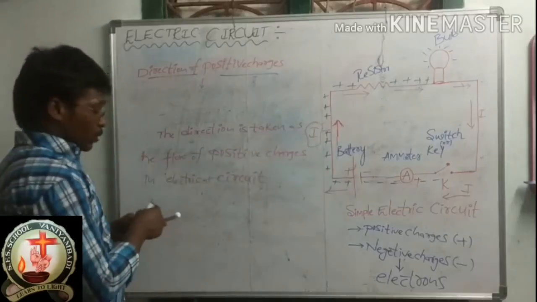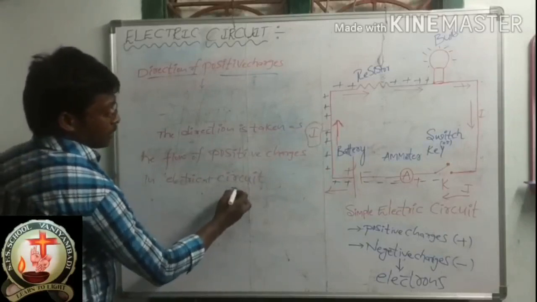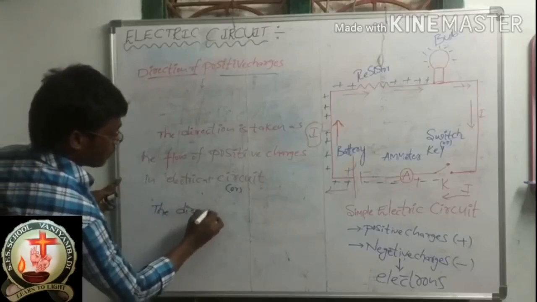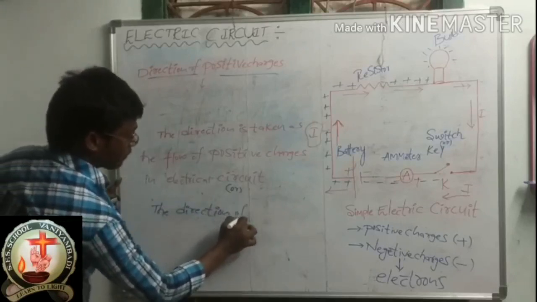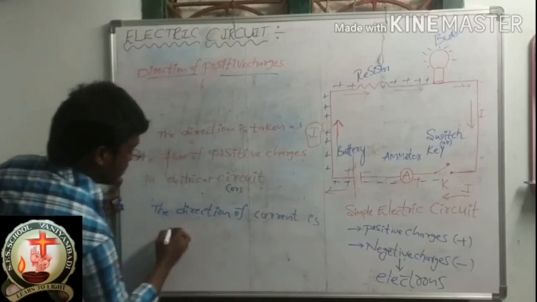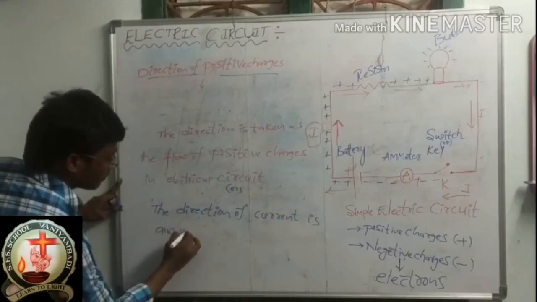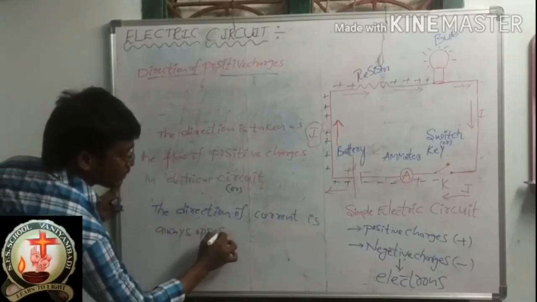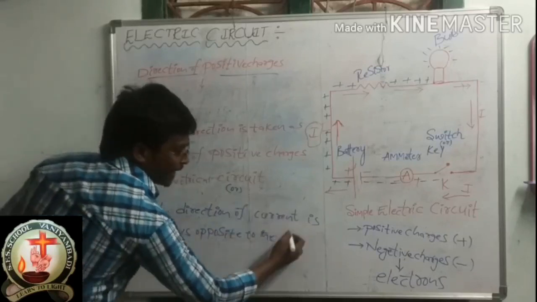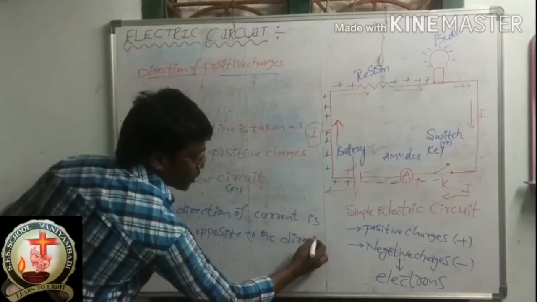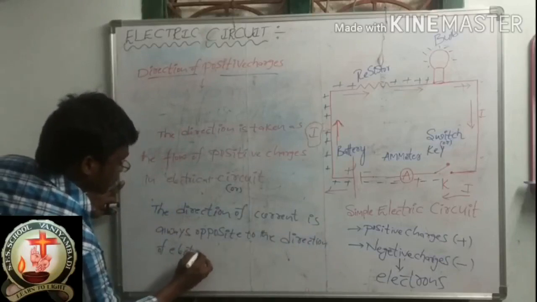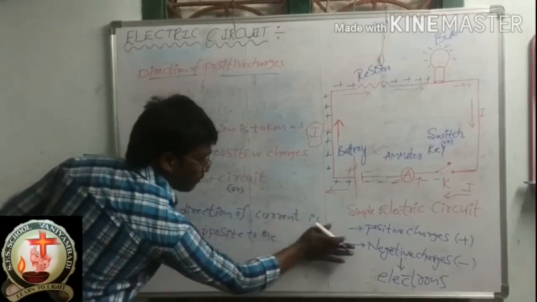And one more I told you. What is that? The direction of current is always opposite to the direction of electrons, otherwise, flow of electrons.